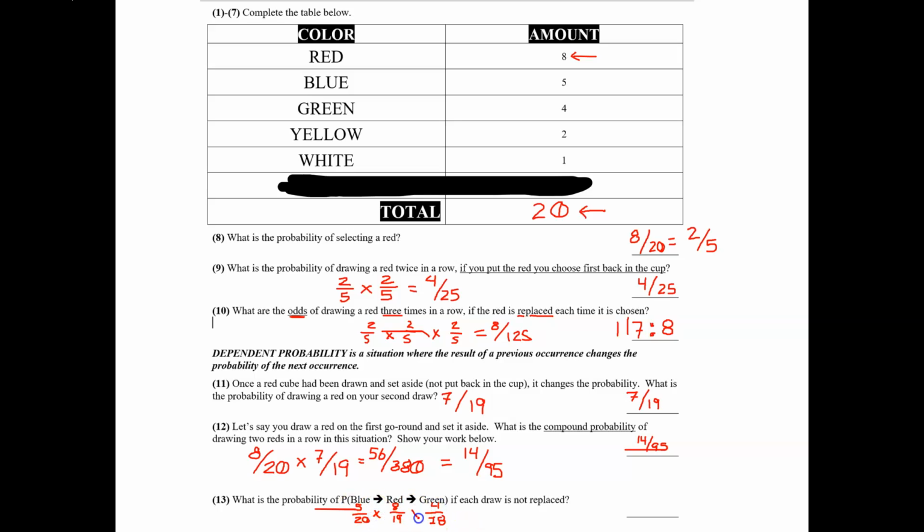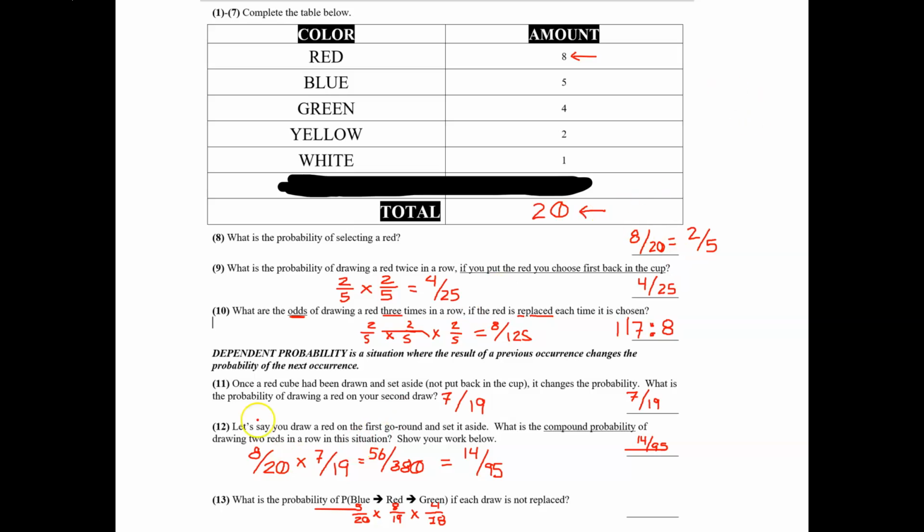Our first draw with blue is 5 out of 20. Our second draw with red is 8 out of 19. Our third draw with green is 4 out of 18. Notice this denominator has gone down by 1 each time because we're not replacing. We're setting things off to the side. Then it's just a matter of doing our math.